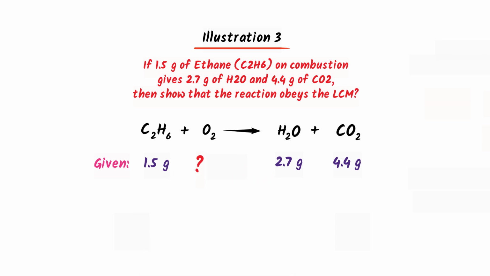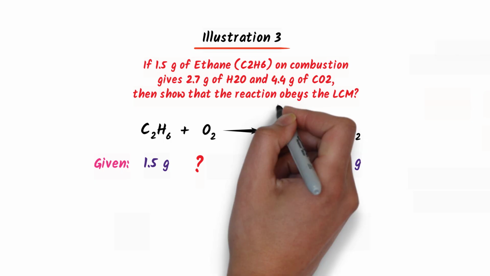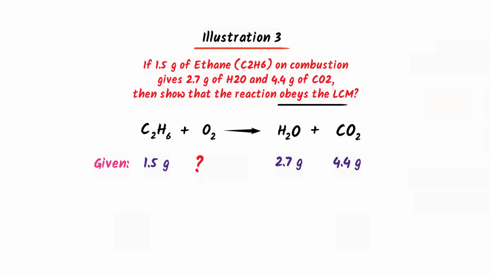So before showing that the reaction obeys the law of conservation of mass, we need to calculate the mass of oxygen that combines with 1.5 grams of ethane molecule. For this particular purpose, we need to balance the above chemical equation.